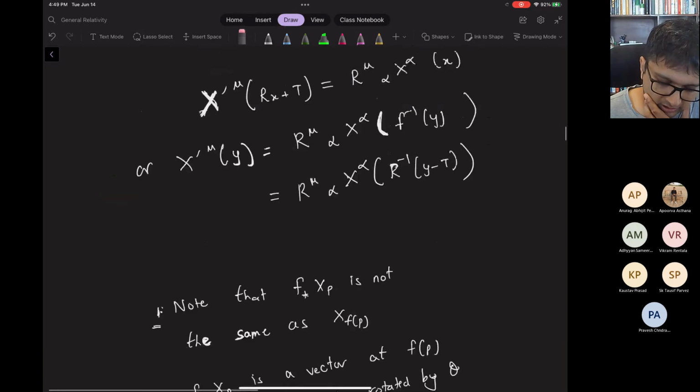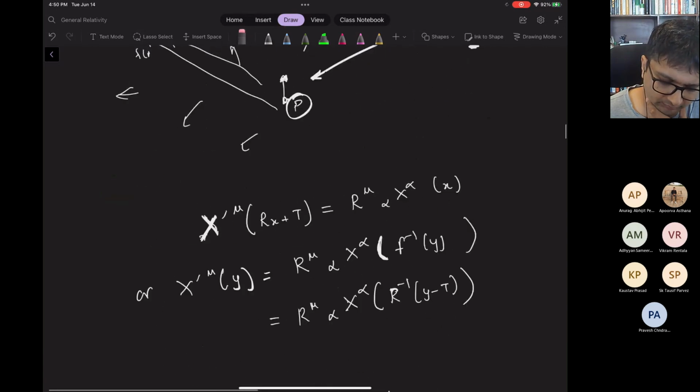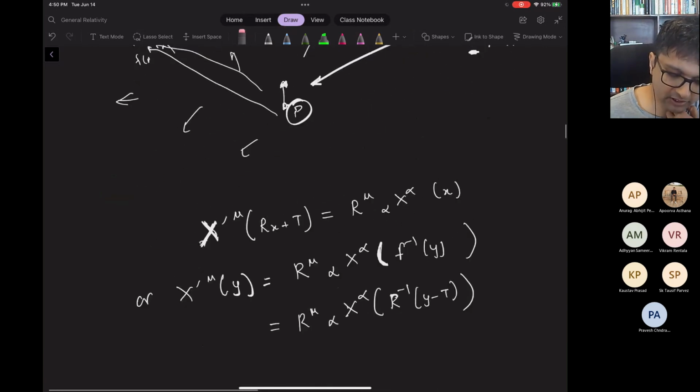And in general, if I also have a translation, if I have just rotation plus translation, then in components, what we're saying is that x prime mu at the point rx plus t is related to the original components of the vector x at the point x, but with a rotation by this r mu alpha.